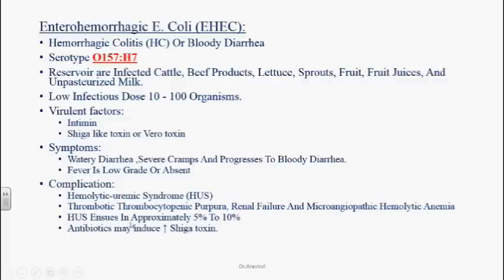HUS is seen in approximately 5 to 10% of individuals, and using antibiotics may increase the secretion of Shiga-like toxin. That's why antibiotic usage has to be avoided in enterohemorrhagic E. coli infections, since it can increase Shiga toxin production.